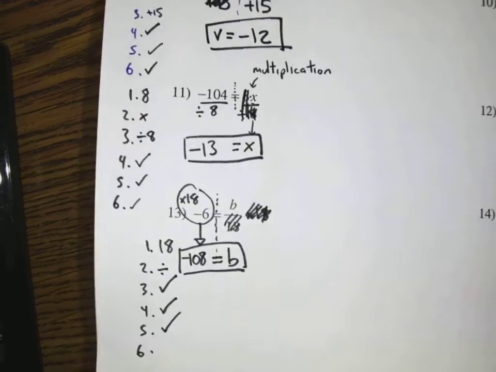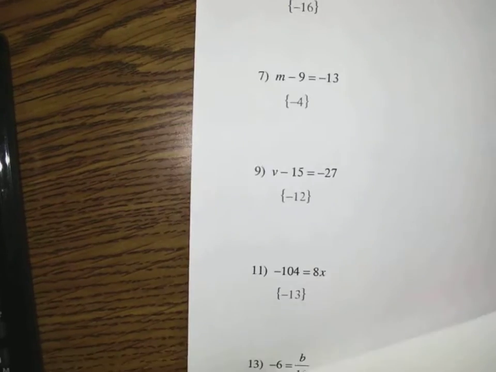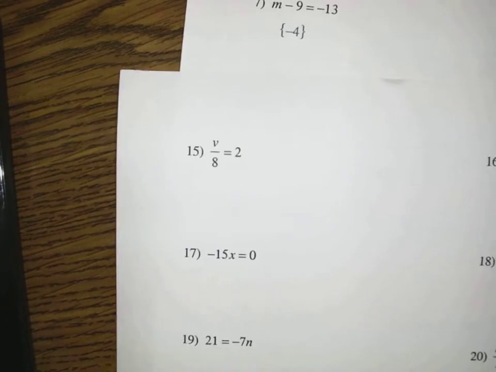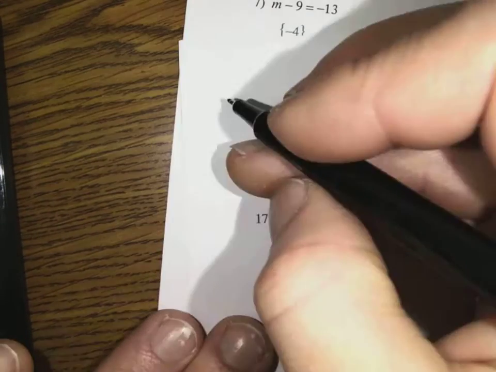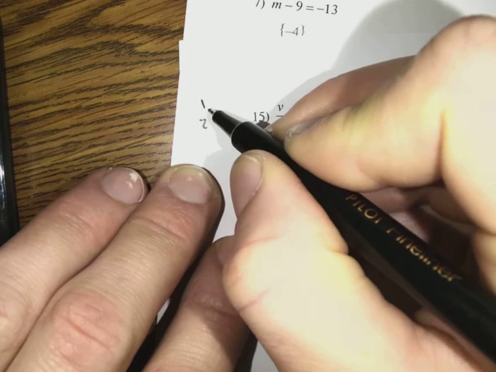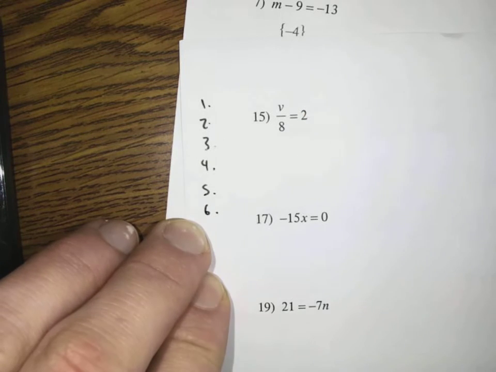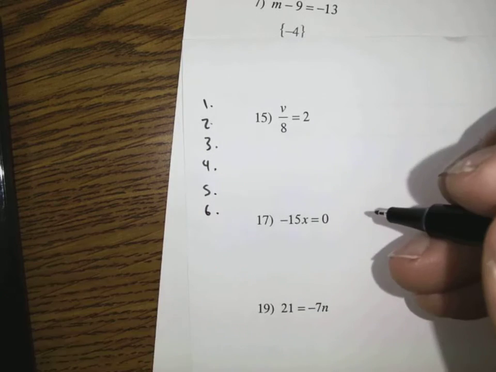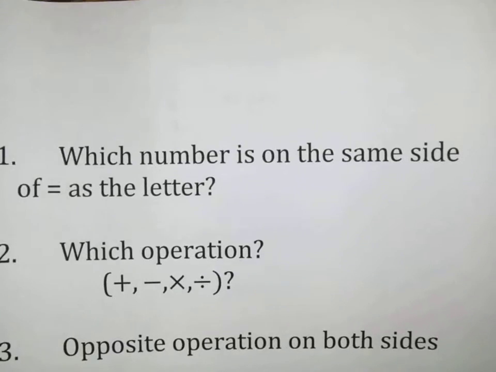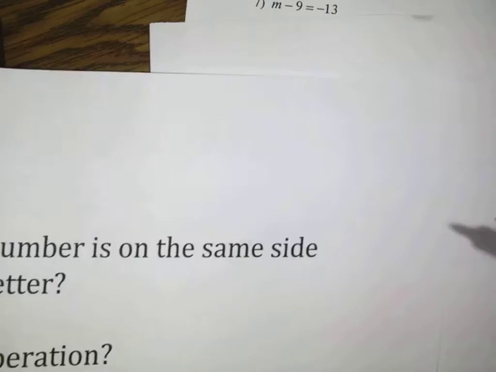All right. Moving on, Emil. Question number 15. Okay. 1, 2, 3, 4, 5, 6. All right. Now, we're going to start with, well, what number is on the same side of equals as the letter?